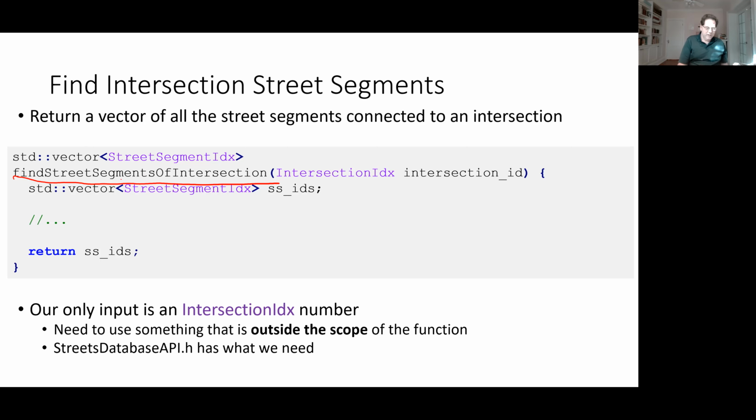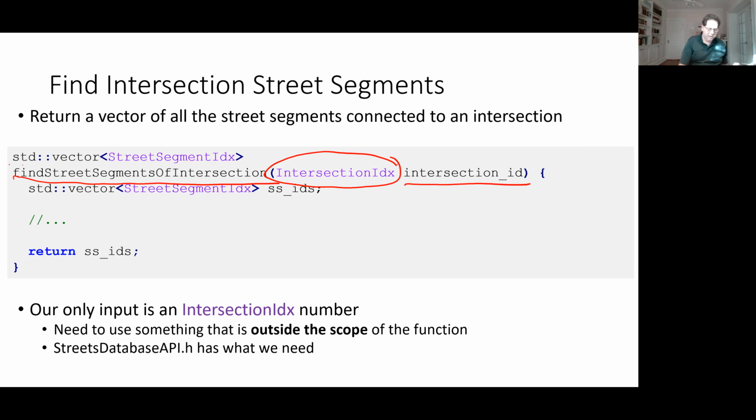Okay, so this function, we can tell what it's supposed to do and what data it takes as input and output from the header file. So it takes an intersection ID, which is just an integer, but we're going to use this typedef, this fancier name of intersection index, to tell us what kind of integer it should be. It should be an ID of an intersection.